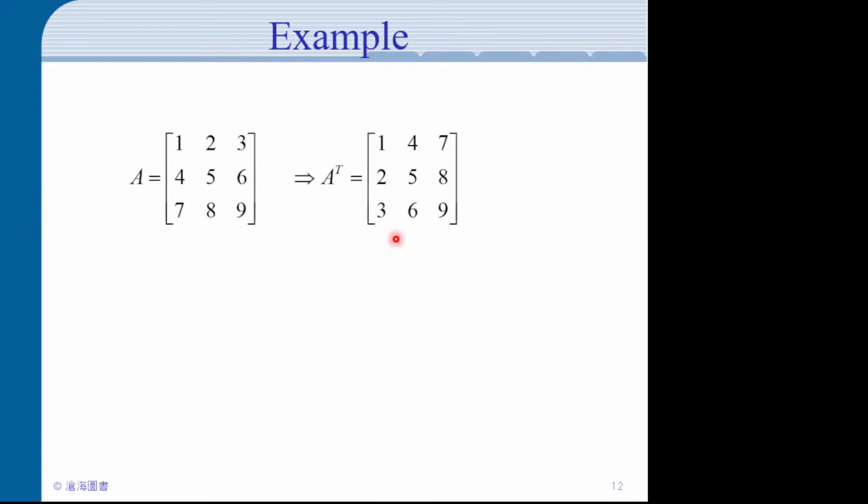And anyway, here is the example of a 3 by 3 matrix. You see that expanding on those 3 is the same as expanding on those 3. Because you expand on 1, then you have the determinant of 5, 6, 8, 9. And then you expand on 1, then you have the determinant of 5, 8, 6, 9. But for a 2 by 2 matrix, transposing doesn't matter, because it's the same diagonal minus diagonal.